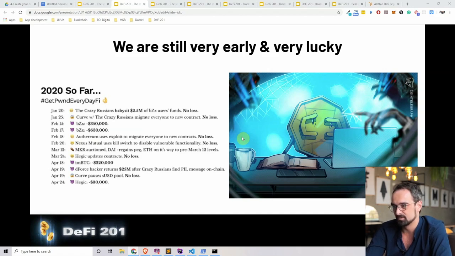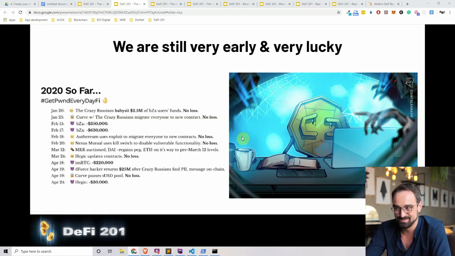And we had the crazy Russians bounty of $2.5 million, but nothing happened. Everything went well. We had Curve Finance also almost hacked by Russians. And then we had two big hacks. bZx was hacked, but only for around $1 million, so it's not that much. We had some users exploiting different contracts, but mostly there were no losses.